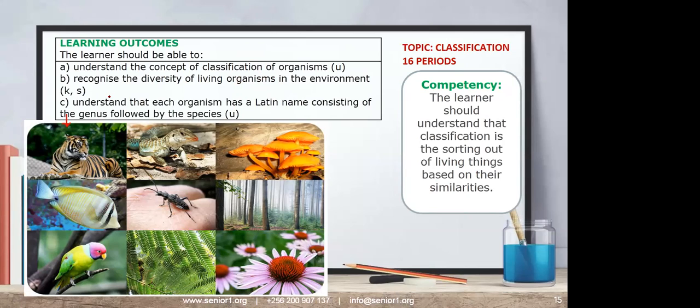Okay, and then after understanding that, you must know that each organism was given a Latin name. There is a language that scientists normally use, called Latin, whereby each organism is given a genus name and a species name. Even in Luganda, this is called a chiwuka, but there could be many different types.